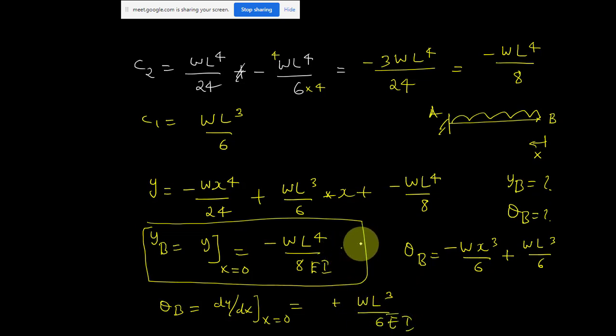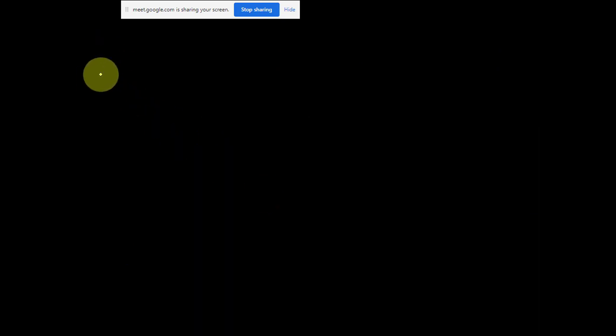So now we have to see the sign convention again. This is the value of your deflection and this is the value of your slope, and we got a negative sign here and a positive sign here. So this was your question, right? A cantilever beam with some load W. How is it going to deflect? The deflected shape or elastic curve of the beam will be like this.